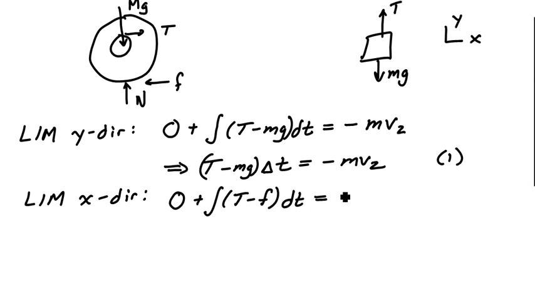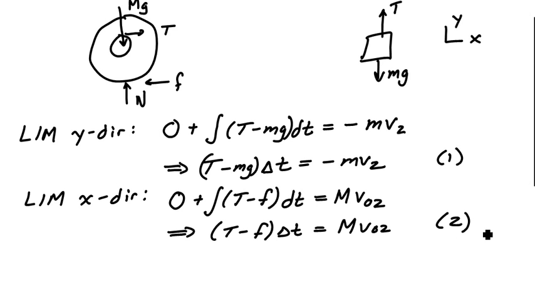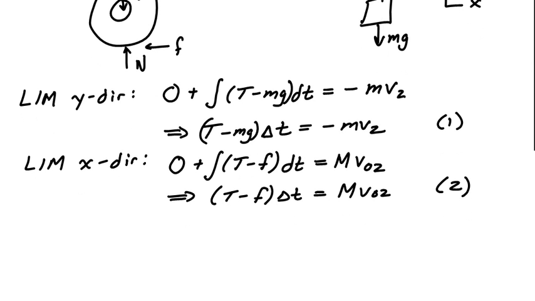That's going to equal the mass of the spool times the speed at point O at state 2. Actually, I'm not going to call that equation 2 yet. I want to expand the integral just like I did above. So I'm actually going to write quantity T minus F times delta t is equal to m times vO2 as equation 2.